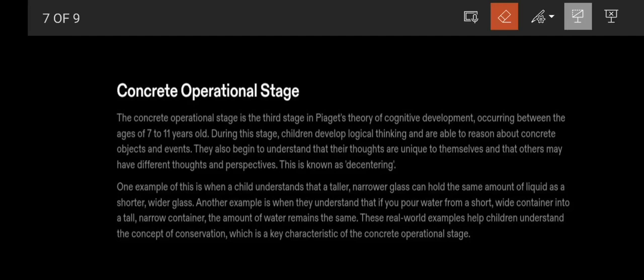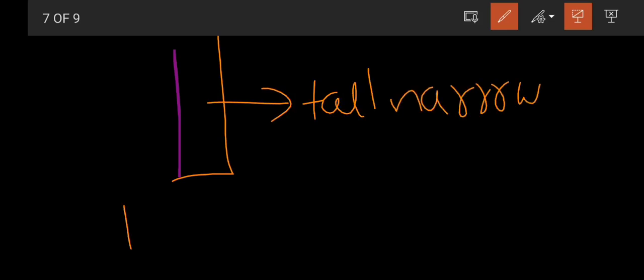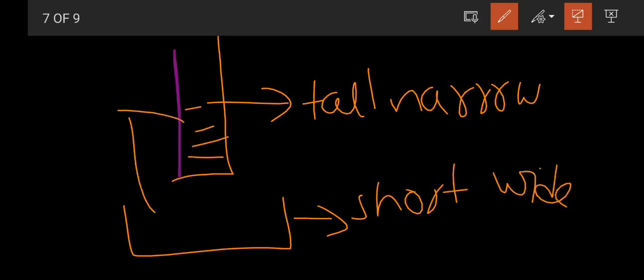So here is how the child gains conservation. He is able to understand that if a container is tall and narrow, and another container is short and wide, both can have the same amount of water, that is 10 ml.